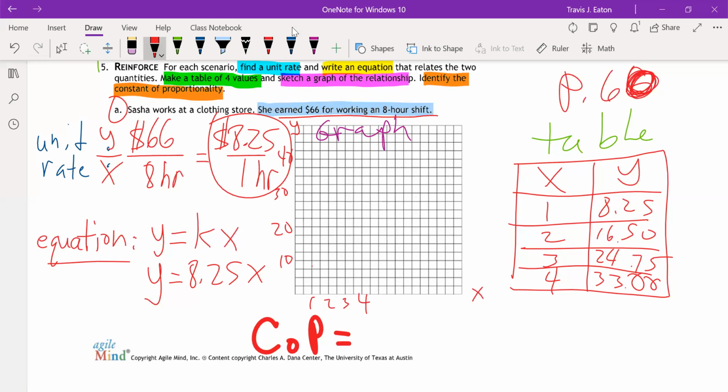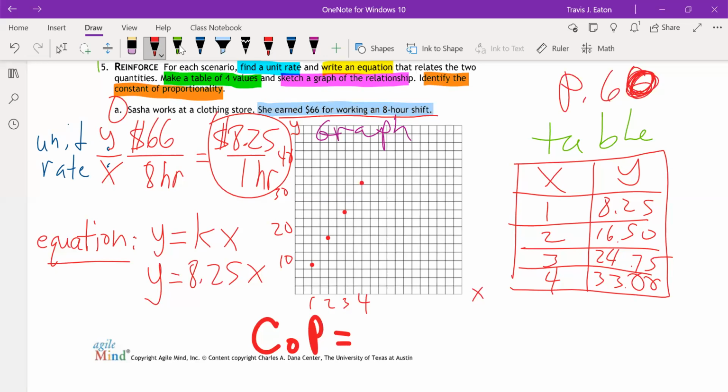And 2 hours was $16.50. 3 hours, $24.75. And 4 hours was 33. And there's our dots.